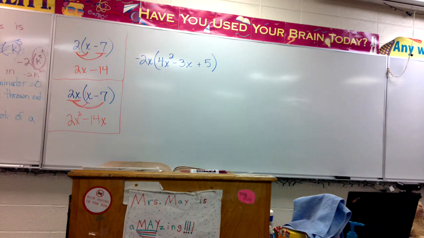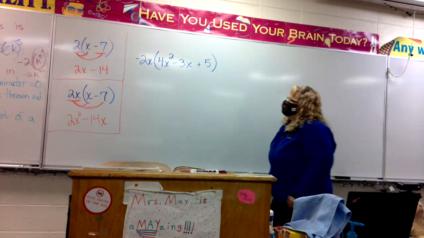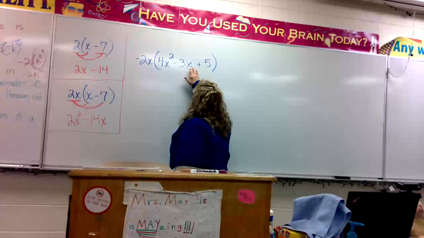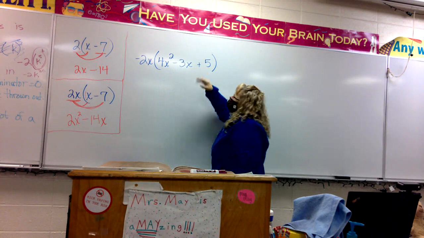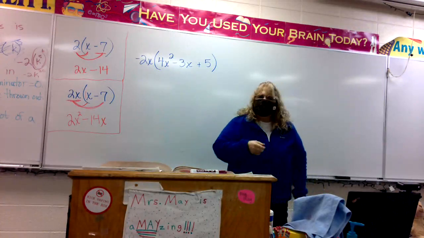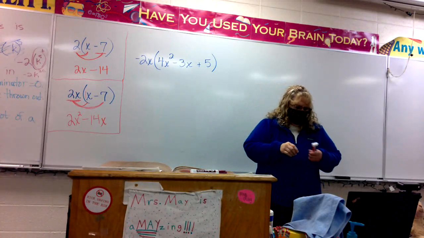Can you combine those inside the parentheses? Say no, because they're not like terms, right? When you're adding and subtracting, those exponents have to be the same. I have an x squared, an x, and a no x. So you cannot combine those.